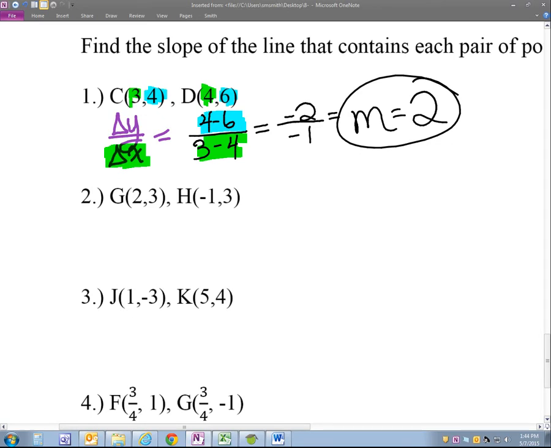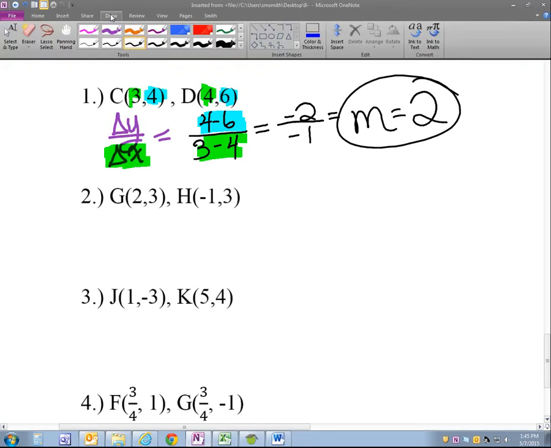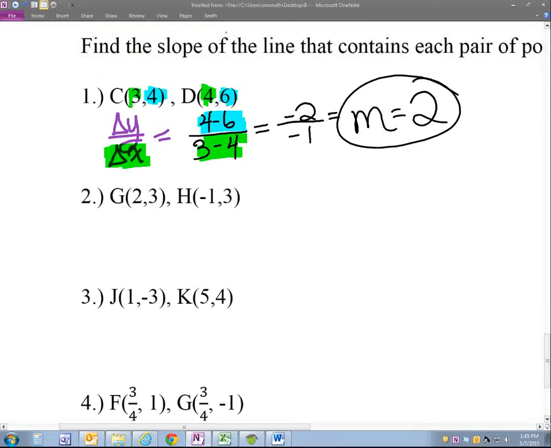Why would D be on top? Watch. Here's C. 3, 4 is C. 4, 6 is D. What's confusing you is you're seeing a common number.